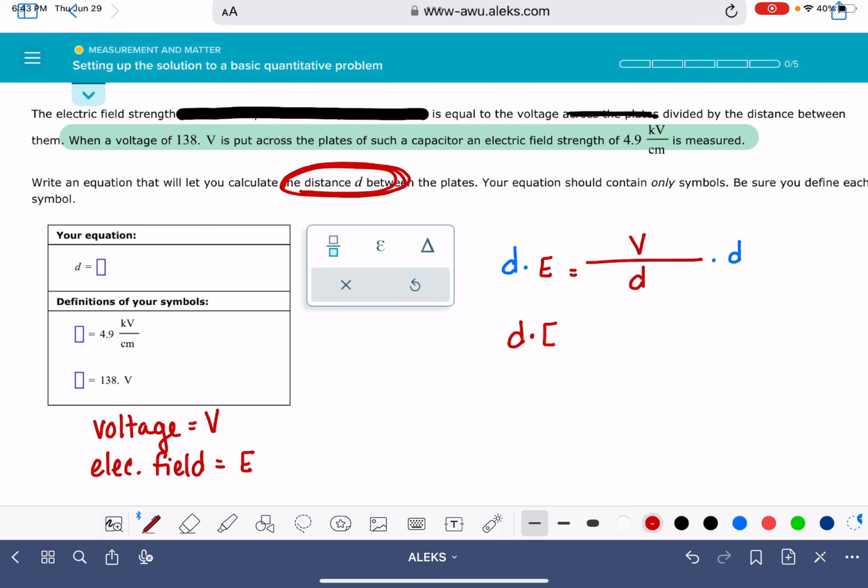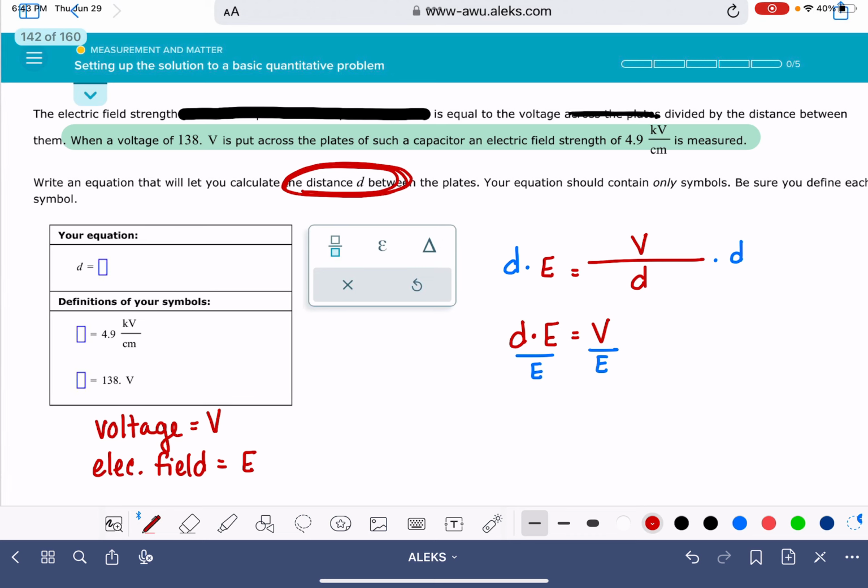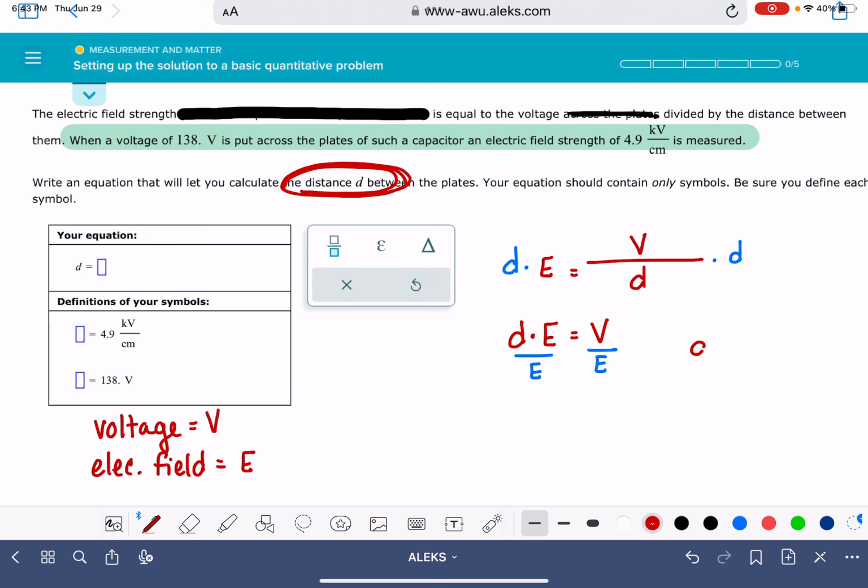That's going to give me D times E equals V. And then the last thing I'm going to do is divide both sides of the equation by E. And that's going to give me D equals V over E. And this is the equation that I use over here. Keep in mind that I am the one who chose to use V for voltage and E for electric field. You could use whatever variables you want.